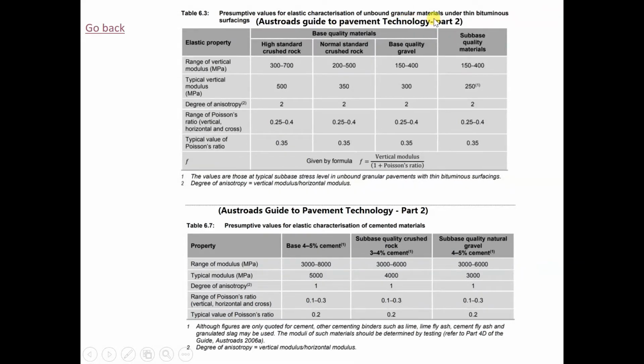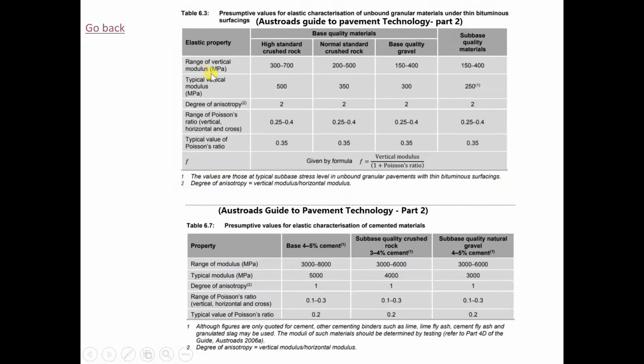This one is the unbound granular material under thin bituminous surfacing. Actually, we said that we could do this with the empirical approach, but even with the empirical approach, we could use the mechanistic approach as well. When they do the mechanistic approach, the material property, we need to change to the megapascal.